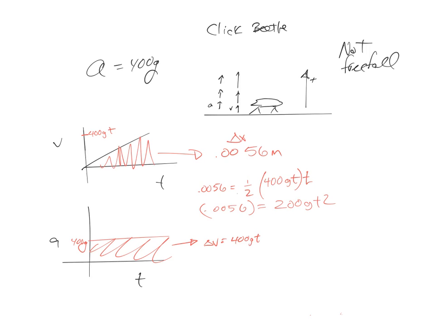The only thing we don't know is t. You can solve this for t. Once you have t, you can go back and plug t in here and use 9.8 for g. So 400 times 9.8 times your solution for t from here.